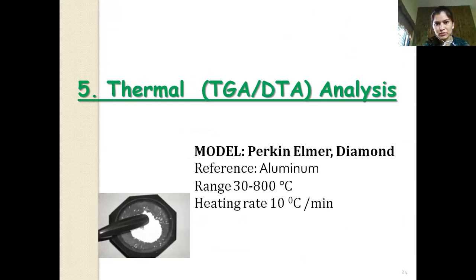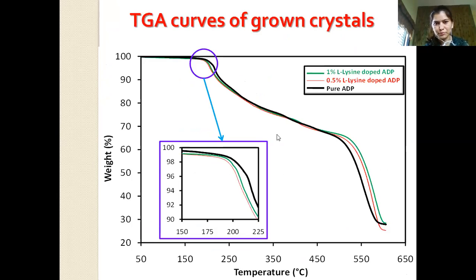From the TGA curve, if we compare all three crystals, I have done this study from room temperature to 600 degrees Celsius, and what I observed is that the first decomposition starts here around 200 degrees Celsius, actually at 195 degrees Celsius, and it is almost the same for all three crystals. This first decomposition is due to the dehydration of water molecules.